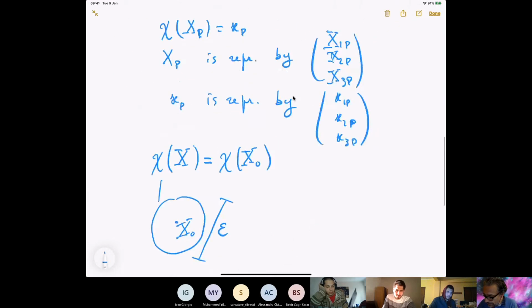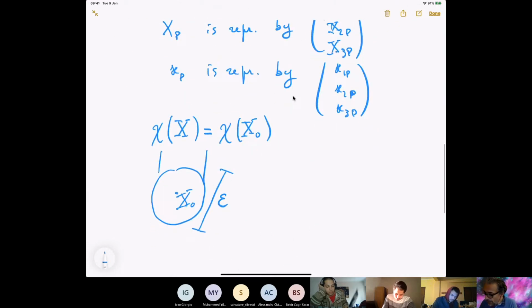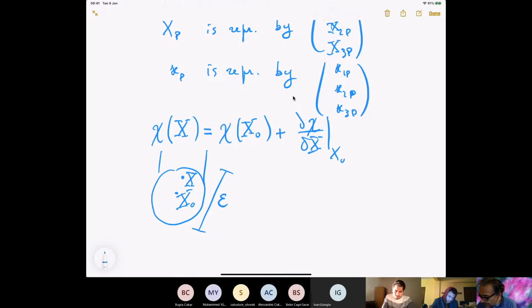In this zoomed region, the placement of every point capital X is given via a Taylor expansion truncated at the first order. So here you have d chi over d capital X calculated in X0, times X minus X0, plus infinitesimals.